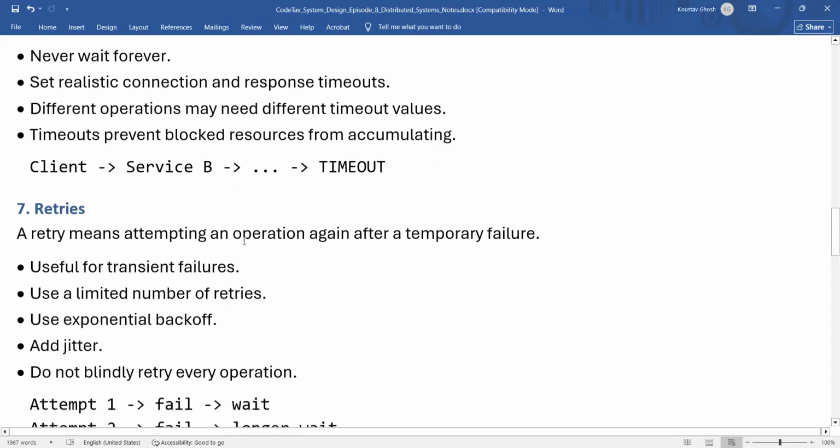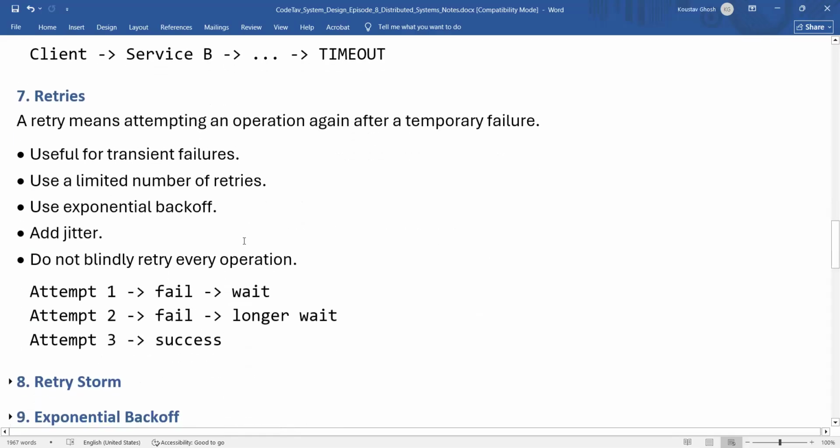Next, retries. Sometimes a failure is temporary, right? For example, a network packet may be lost, or the service may become temporarily busy. In such cases, we can try the request again. This is called a retry: when one request fails, we call the same request again.